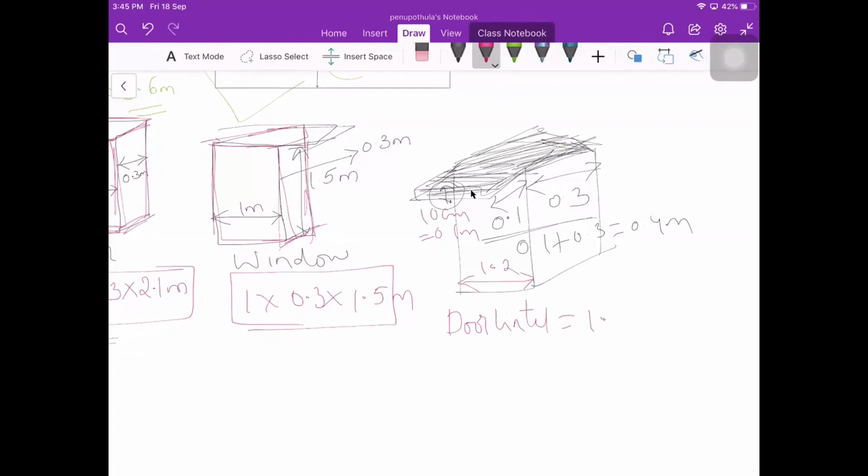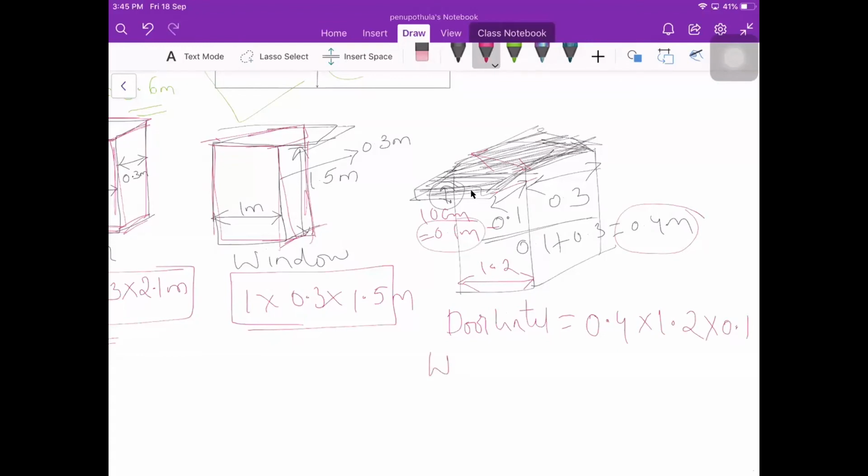So 1.2 is the length, 0.4 meters is the breadth, and the thickness is 0.1. So this is for the door lintel.